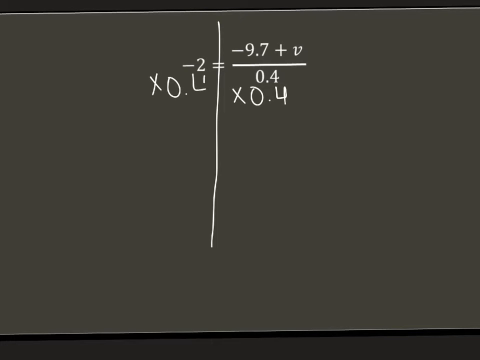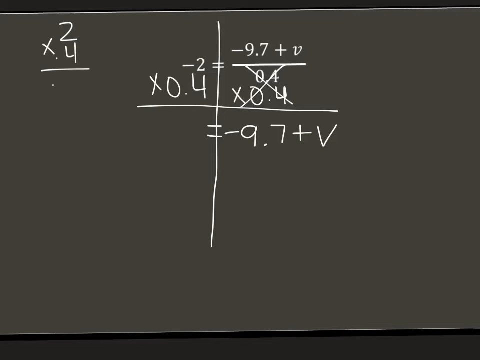And if I do that on both sides, well, on my right-hand side, that 0.4 goes away, and I'm just left with what was on top. So negative 9.7 plus V gets to come down, bring my equal sign. And then off to the side, well, 2 times 0.4 would just give me 0.8. And then it's a negative 2 and a positive 0.4. So that would be a negative 0.8.